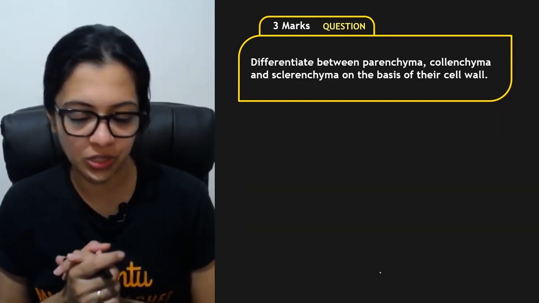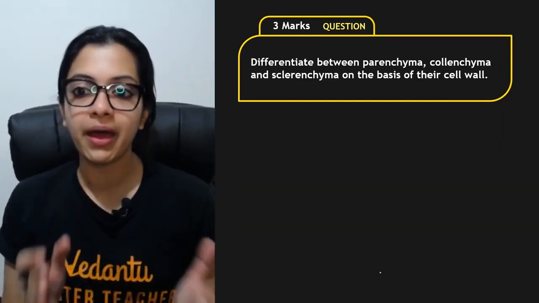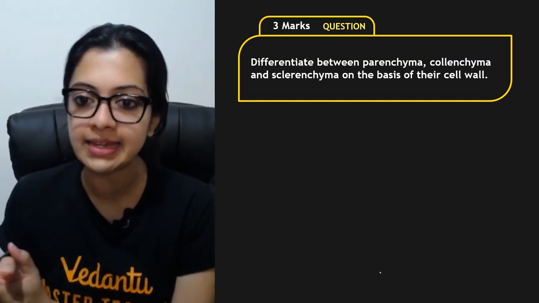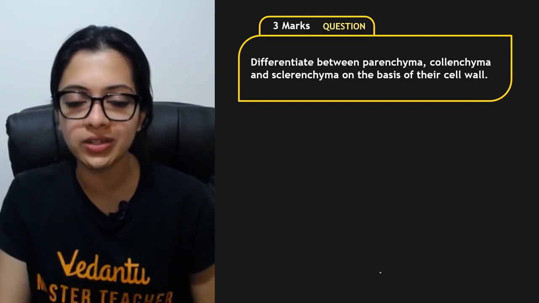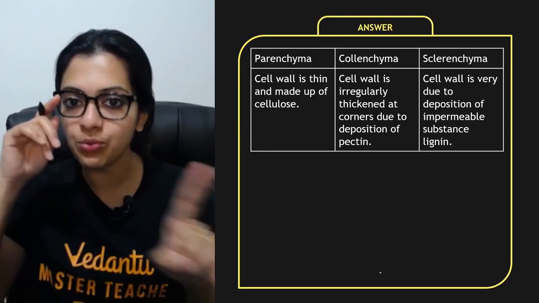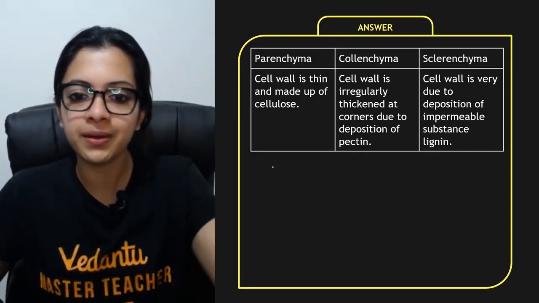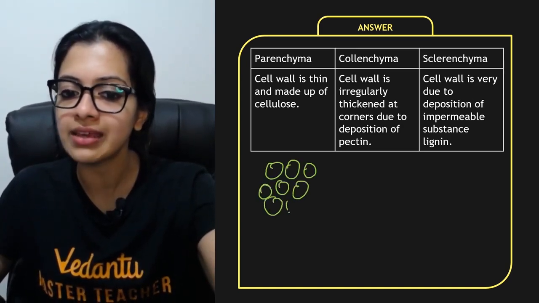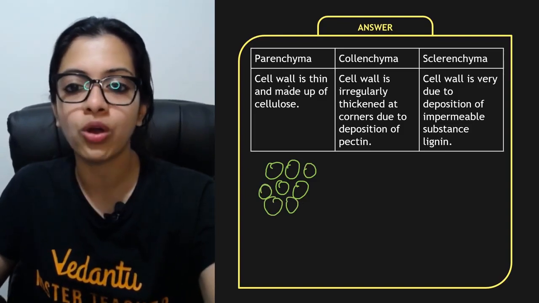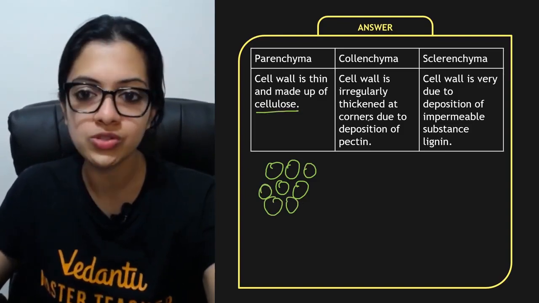Now, a 3 marks question: differentiate between parenchyma, collenchyma, and sclerenchyma on the basis of their cell wall. For a question like this, each point would carry 1 mark. The cell wall of parenchyma is going to be very thin, made up of cellulose.